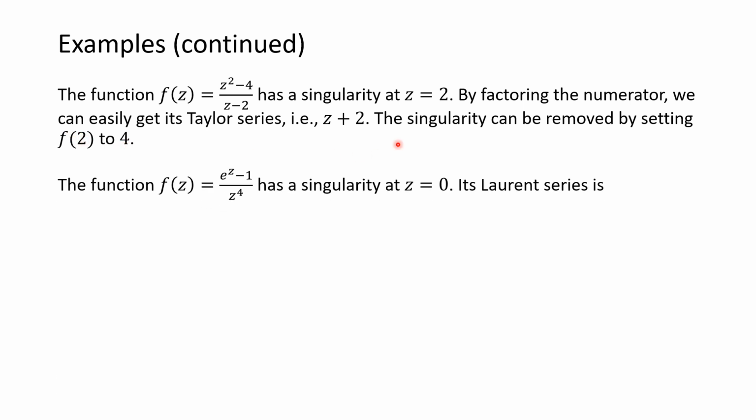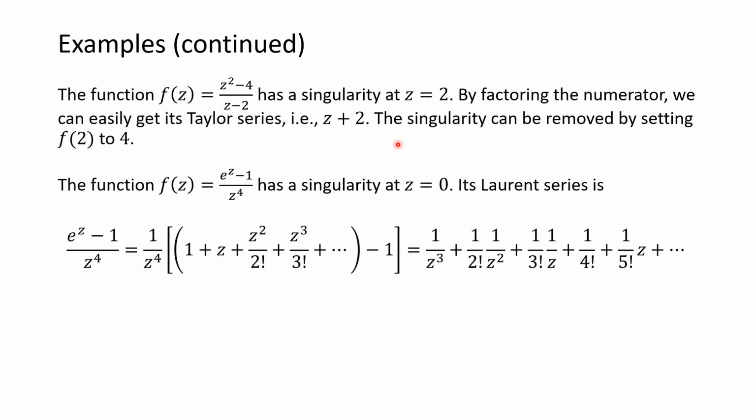All right, the next one is not a removable singularity. Let's just write this out. So we have z times e to the z minus 1, divided by z to the 4th. And clearly it has a singularity at z equals 0. We write e to the z minus 1 here in the square brackets, multiply by 1 over z to the 4th.